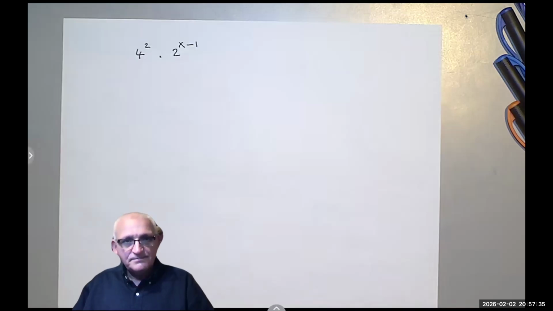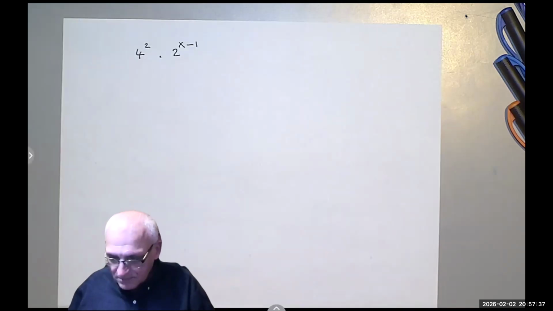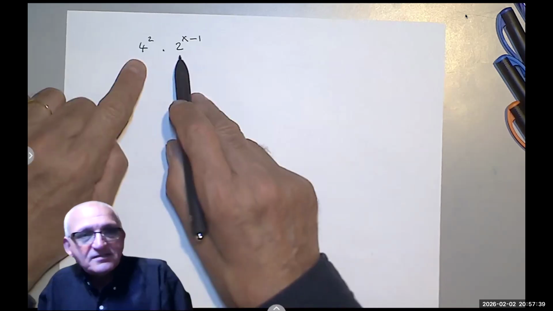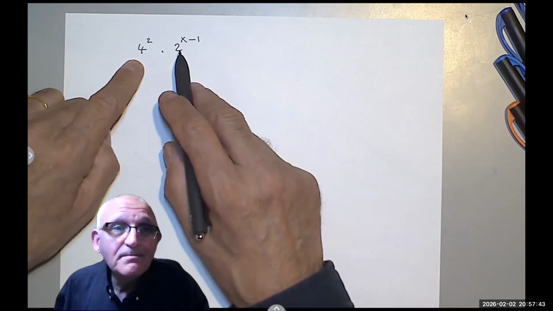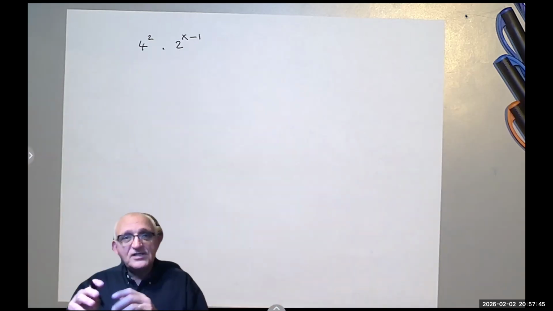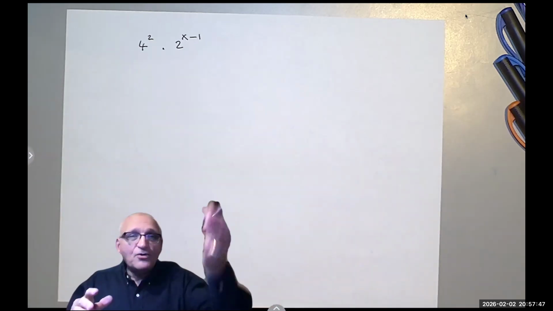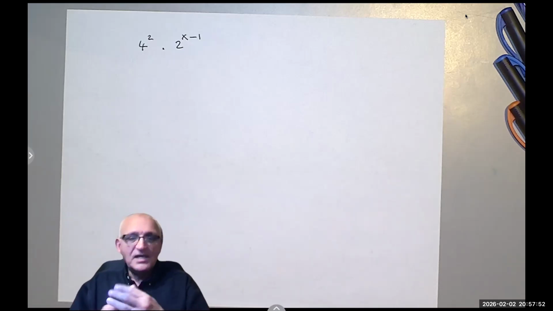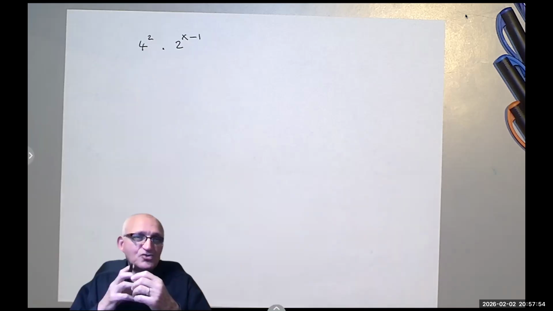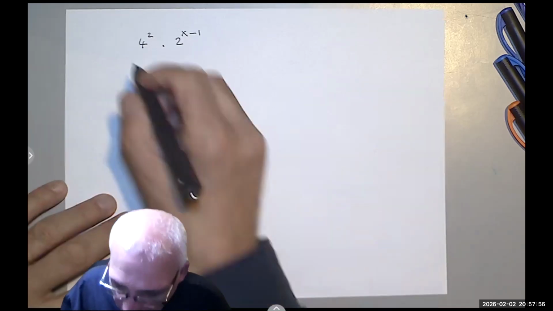Yes, you can. How? You look at the bases. If one is a product or a power of the other, then you have a solution. I know that 4 is 2 times 2. So I'm going to rewrite that.